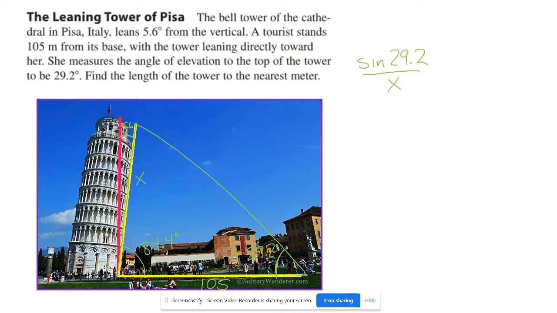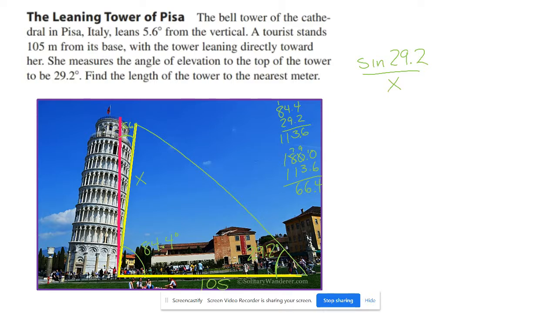Sometimes what you need to do is just use some basic geometry. We know that the angles of a triangle add up to 180. So we can add together 84.4 and 29.2 and get 113.6. We can subtract that from 180 and figure out the missing angle, I'm sorry, not the missing side.